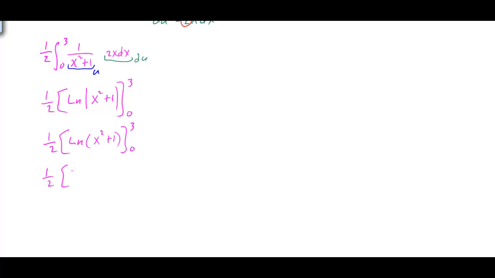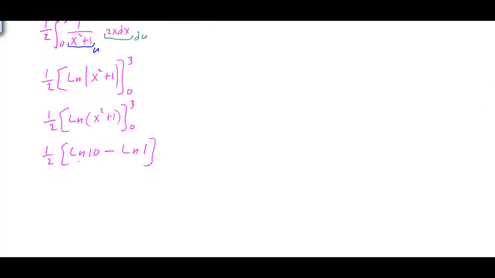So now we can plug in the upper limit. That means the 3 going in, so 3 squared is 9 plus 1 is 10, so we get the natural log of 10, minus, and we plug in the 0, the natural log of 1. Sometimes, on a quiz or an example out of a textbook, they leave the answer like this in an exact form, instead of actually taking the natural log.